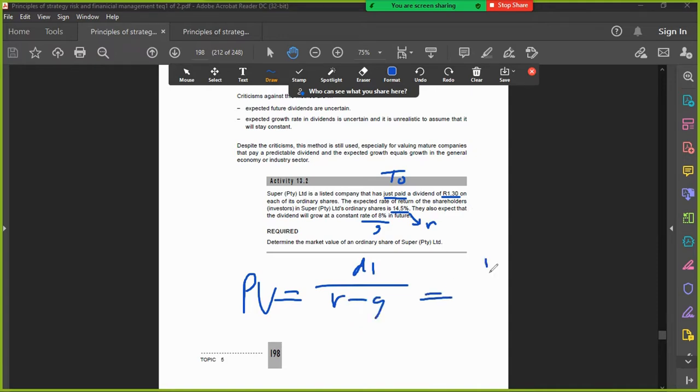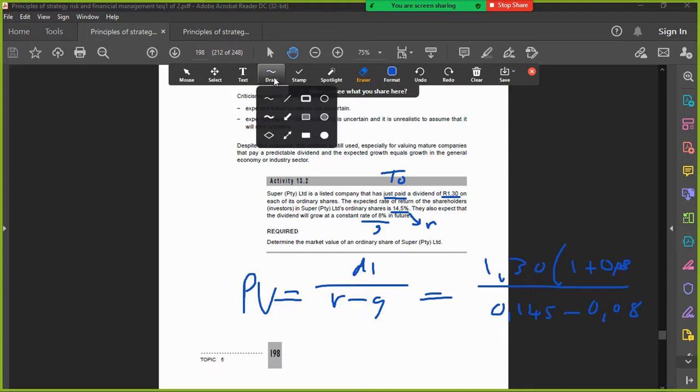The first dividend will be 1.3 times, because it's just paid and hasn't got the growth yet, so it'll be 1 plus growth, over r minus g, 0.145 minus 0.08. Because I know what the growth is, I replace that with 0.08.